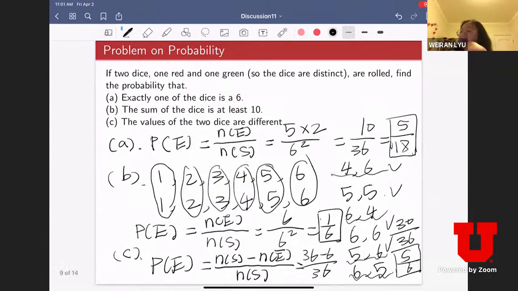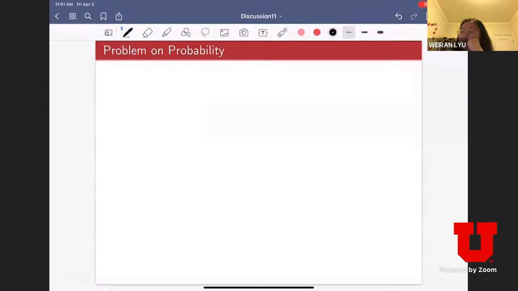So if you think about, let's see, if you want to count the probability of rolling exactly a 4-6 with the 2 dice, then the total outcome should not be 36.